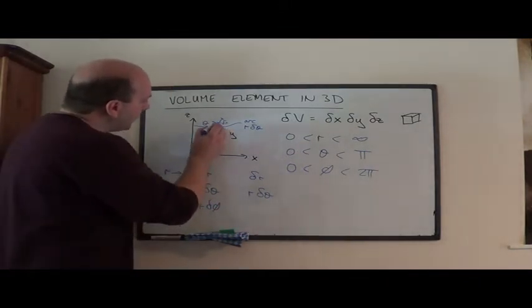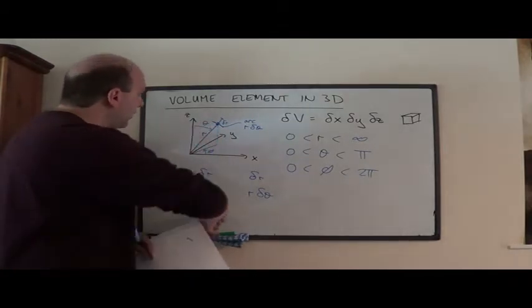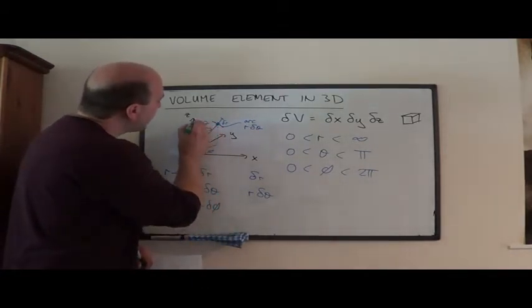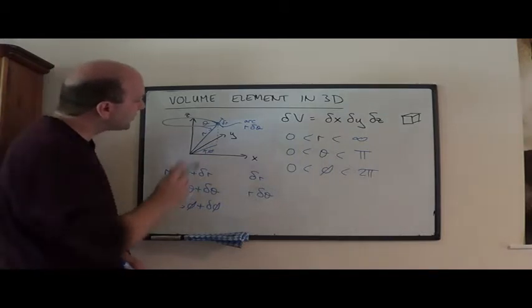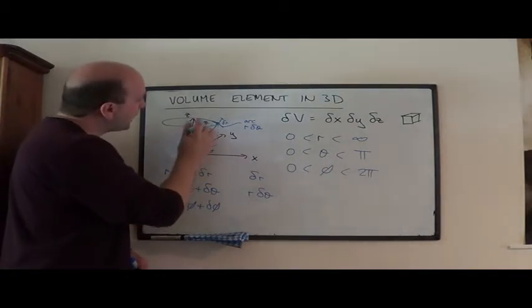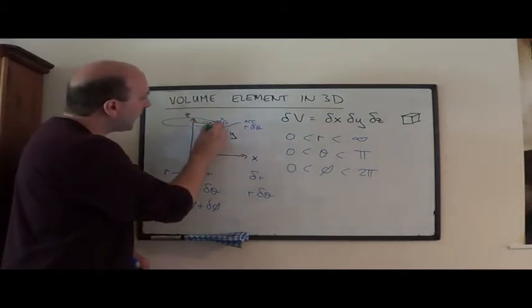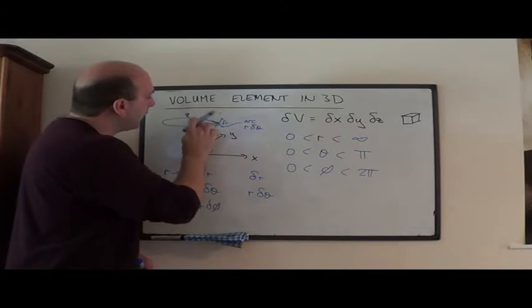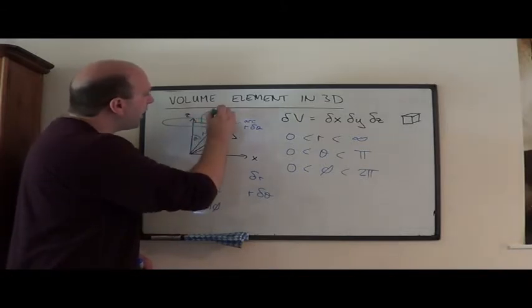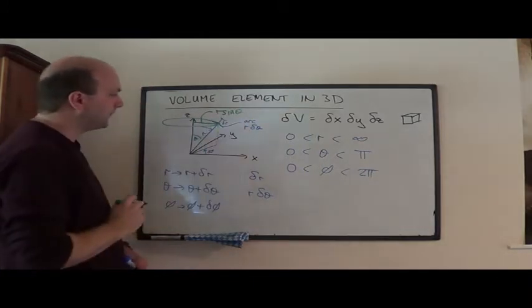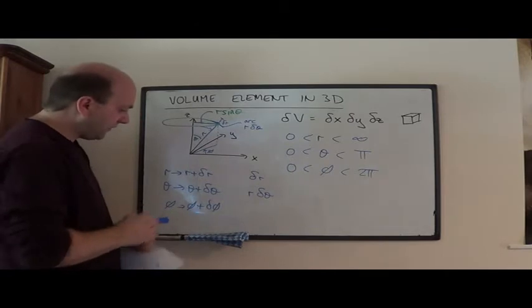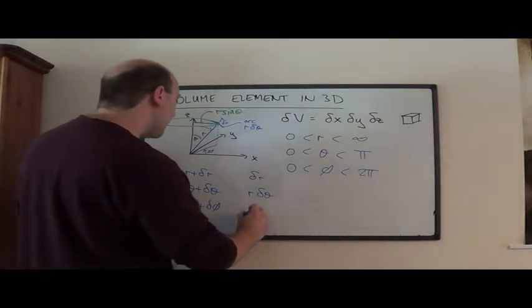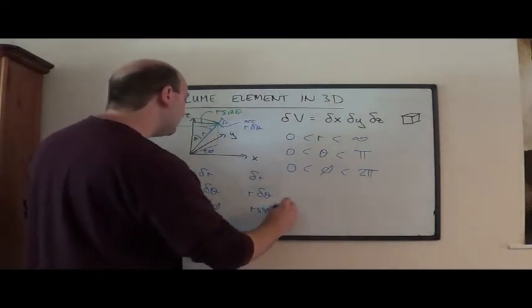Actually what happens, by a different colour, is that we draw a circle up here when we change phi, and the radius of that circle is not r, but it is in fact that distance there, which is r sine theta. So the length of the little arc that I draw when I vary phi is r sine theta delta phi.